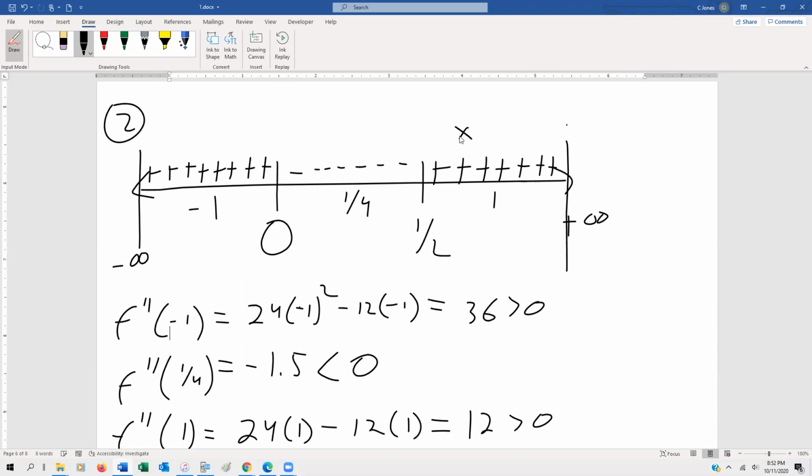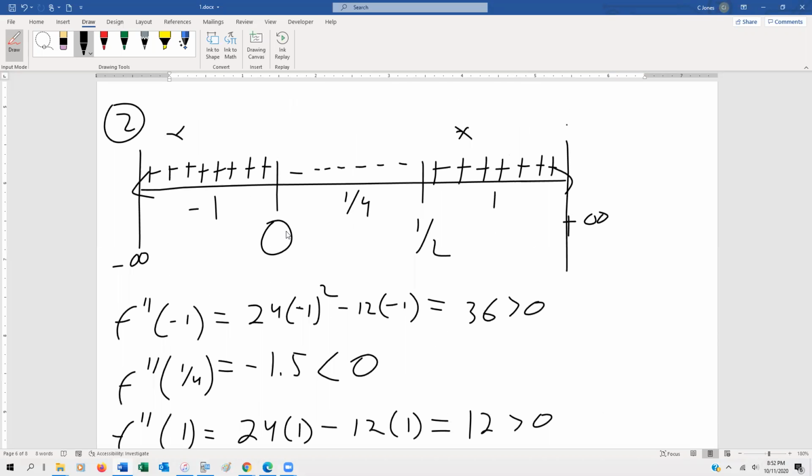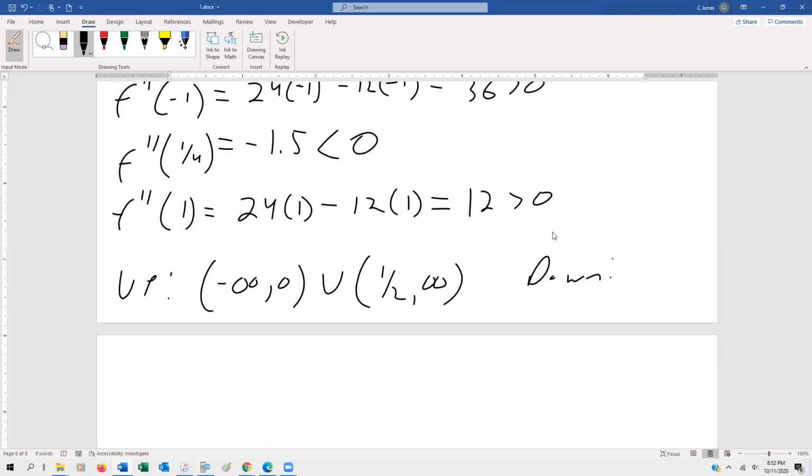We're just looking at where we have our positive values. So that's negative infinity to 0, union 1/2 to infinity. And where is it concave down? There's that really small interval from 0 to 1/2 where it's concave down.